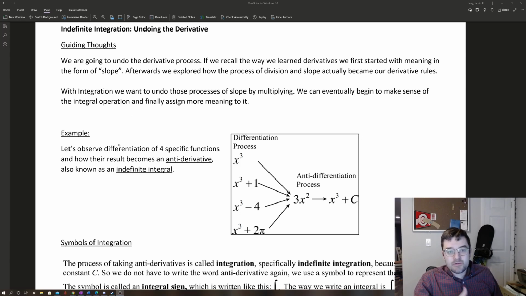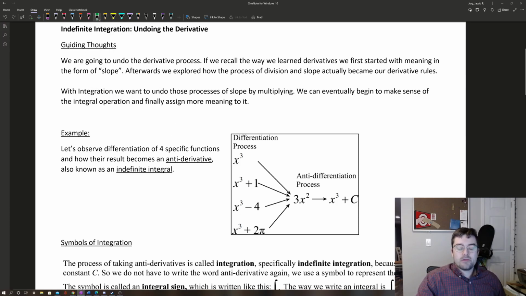So, as our first formal lesson with integration, we are going to look at this thing called indefinite integration. And what I'd like us to think about when we first start off in this lesson is we want to undo the derivative process.